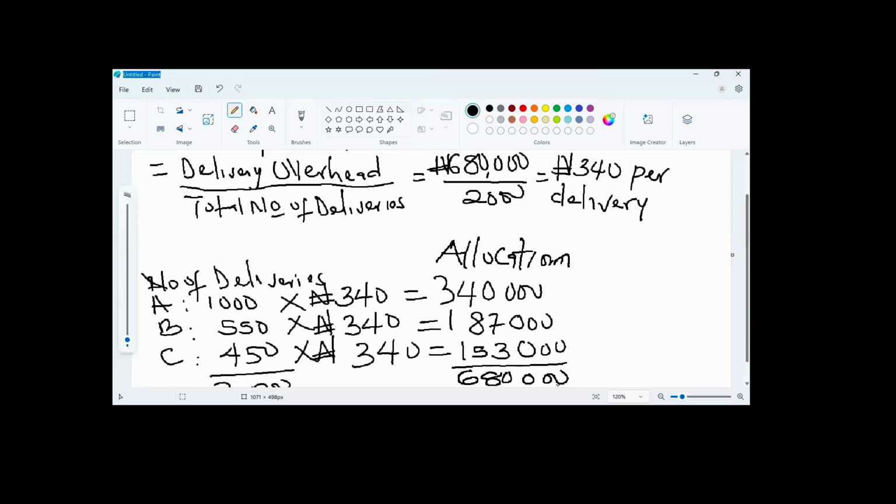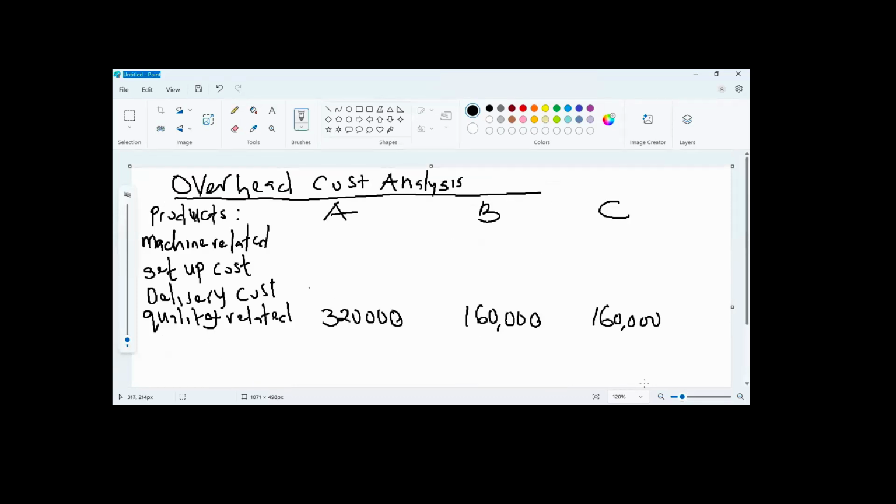We go back to the page we are dealing with. Here I have 340, I have 187, and I have 153.